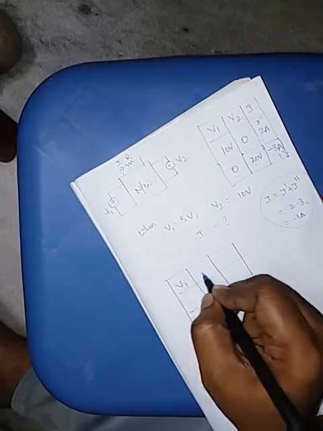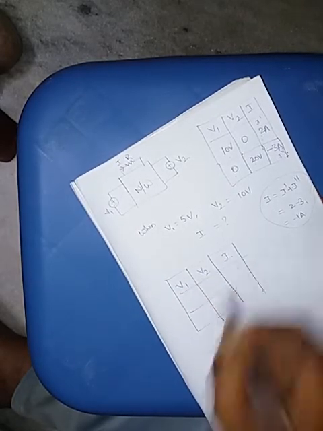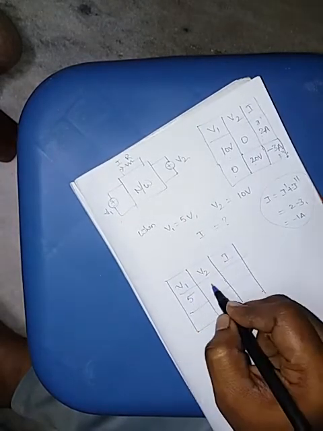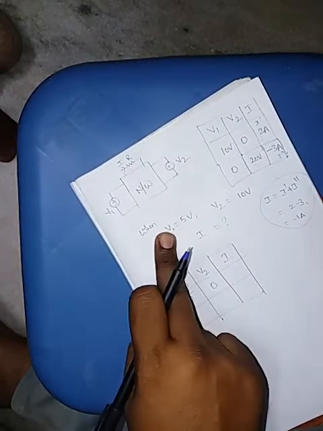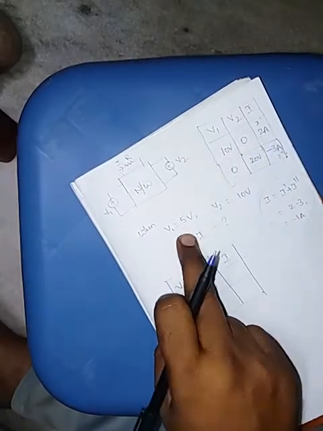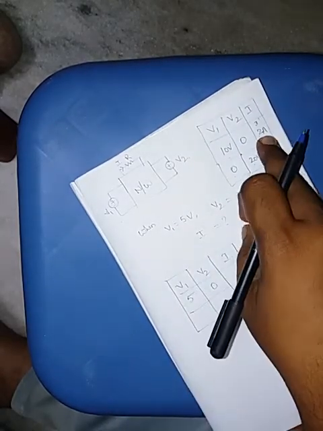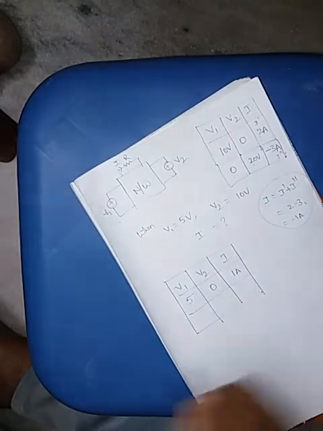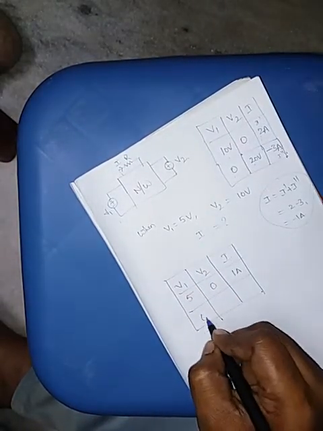Suppose this is V1, V2, I. Now V1 is 5 volts. Obviously V2 is 0. When V1 is 5, that means 10 is reduced to 5. That means the current is also reduced to half. That is 1 ampere.